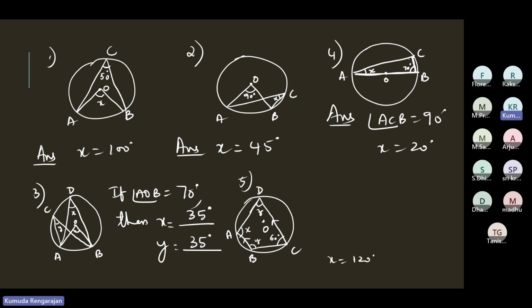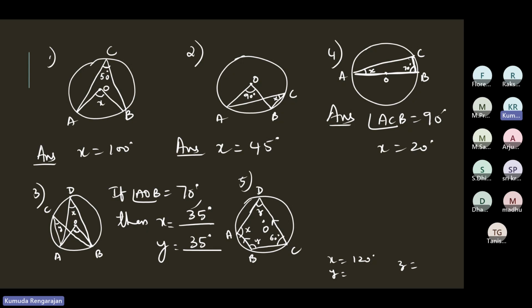Now, how do we find Y? What is Y and Z? Y is 60 degrees, ma'am. Y is 60 degrees.